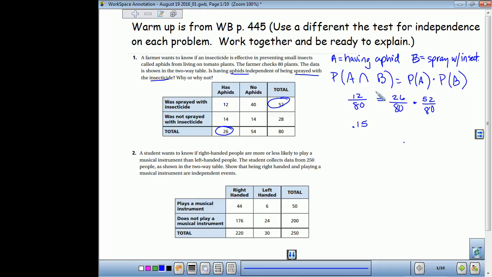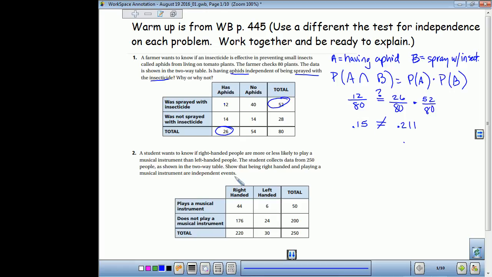This is 0.15, and I put an equals there, but we're actually trying to see if they're equal. We're trying to compare this relationship. And when we convert this, we get 0.211. So they actually are not equal. So we cannot statistically prove that these two events are independent. We cannot prove independence statistically. Okay? Does that make sense?